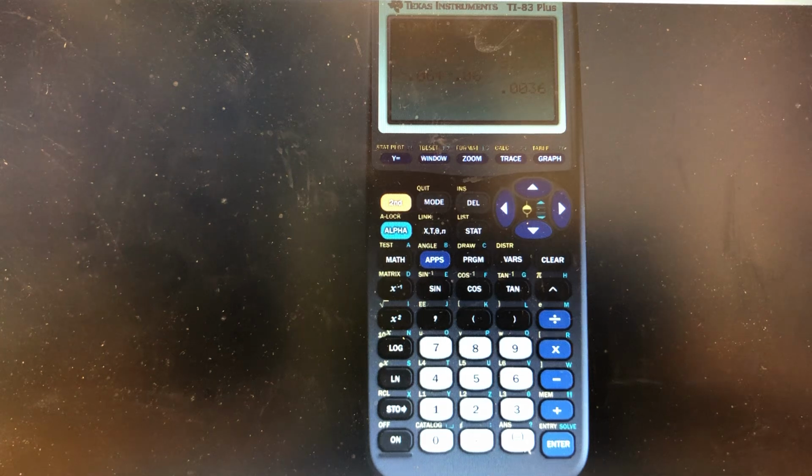The issue is if you type negative 0.06 and square it, this calculator is so smart that it literally does what you're telling it, not what you mean for it to do. It's only going to square the 0.06, and then it'll just carry the negative along. It seems to say that the answer is negative, even though it's not. So technically, you need a parenthesis around your negative 0.06.